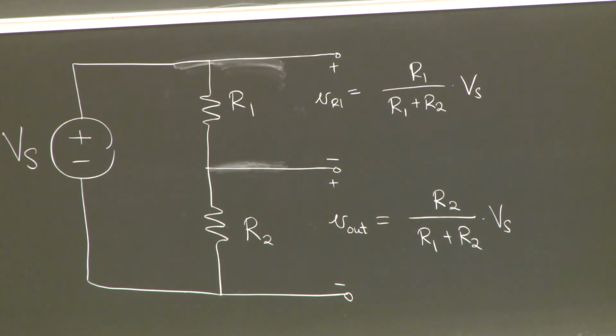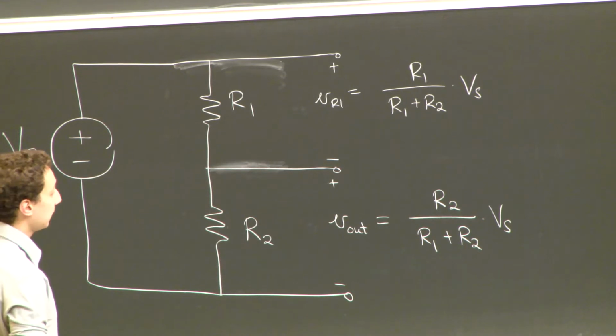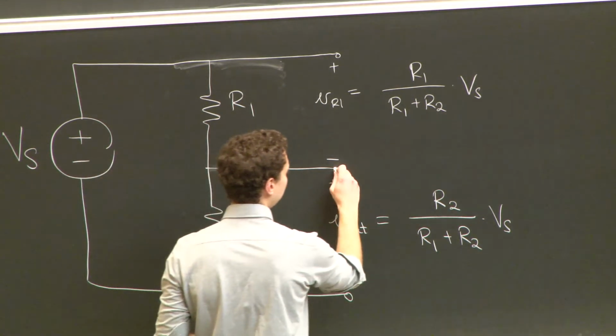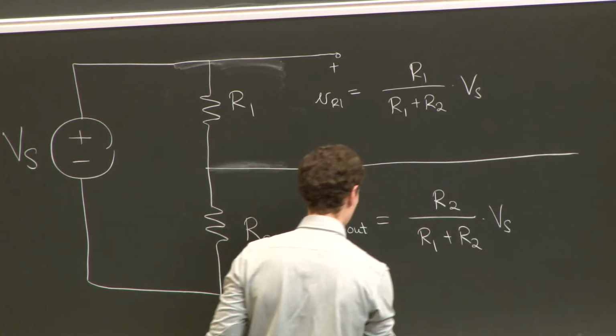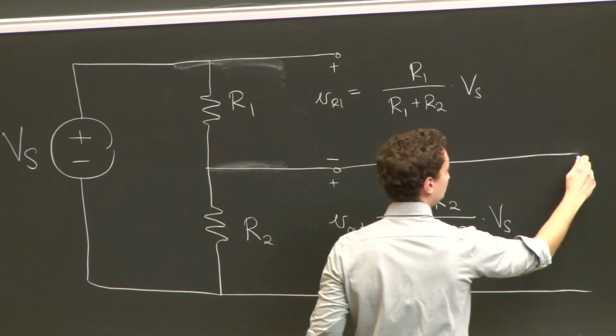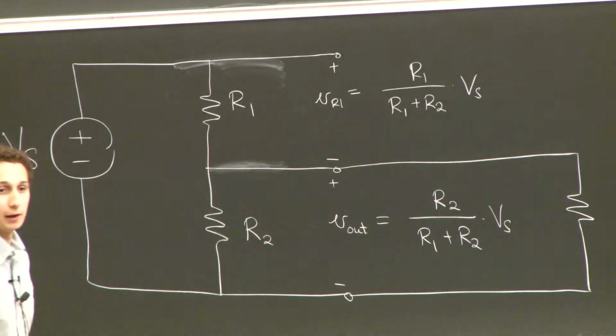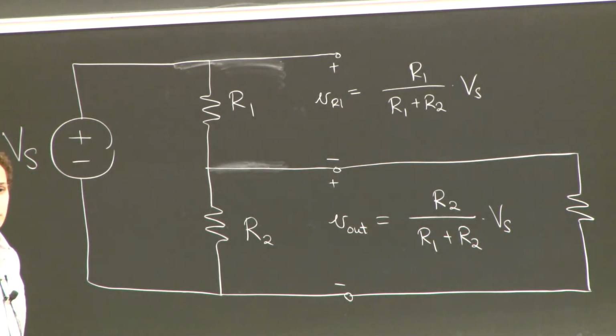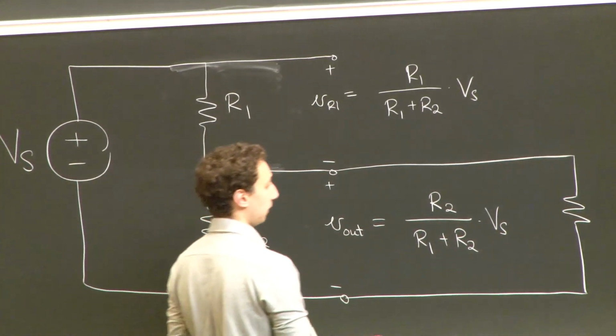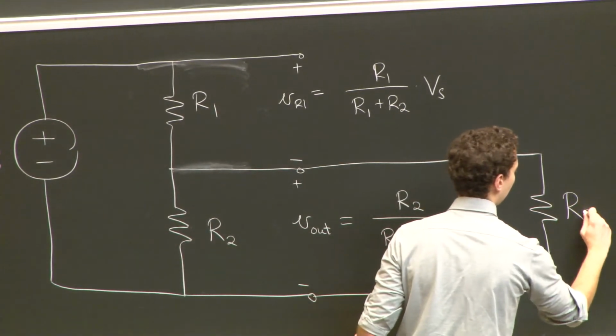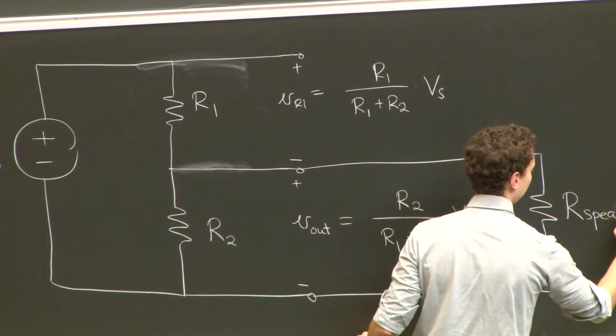Or KVL, excuse me. But what happens now if I take this voltage and I do what's called loading it? I'm going to put a resistor here in parallel with my voltage divider, and I'm going to call this R speaker.